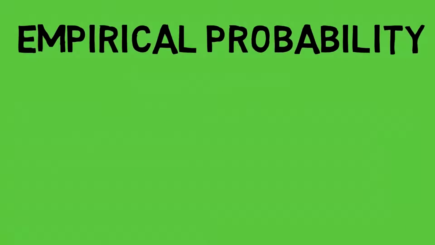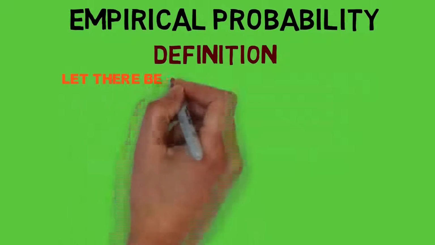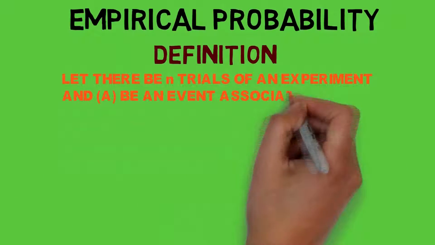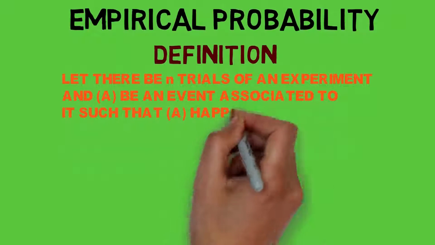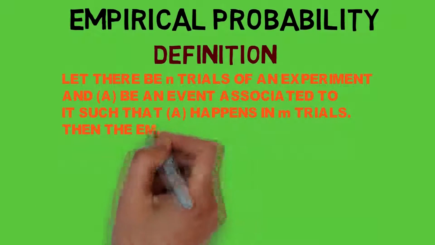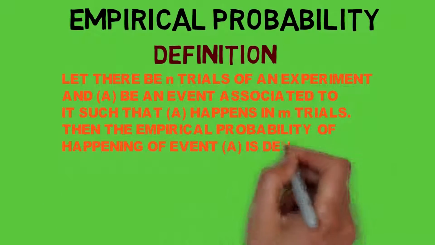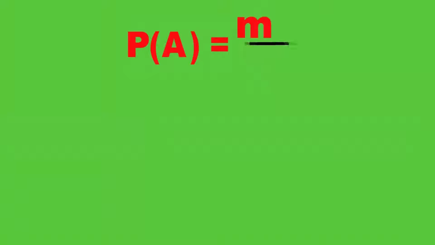Empirical probability. Definition. Let there be n trials of an experiment and A be an event associated to it such that A happens in m trials, then the empirical probability of happening of event A is denoted by P(A) and is given by P(A) equals m upon n.